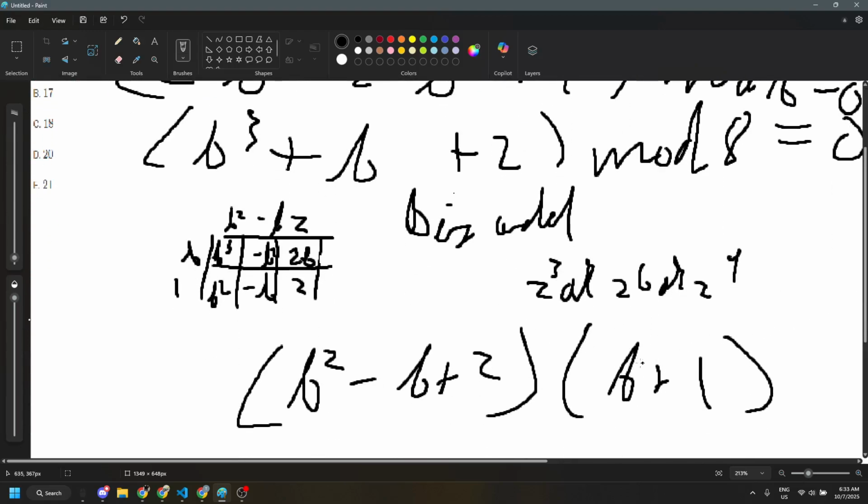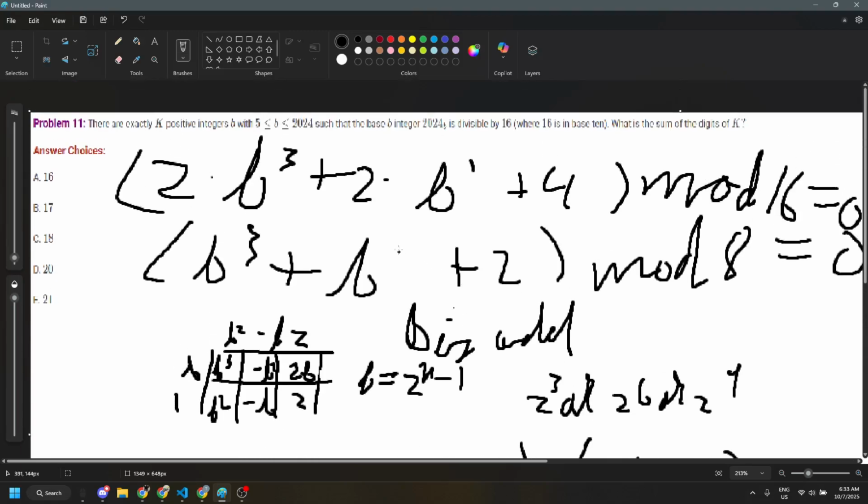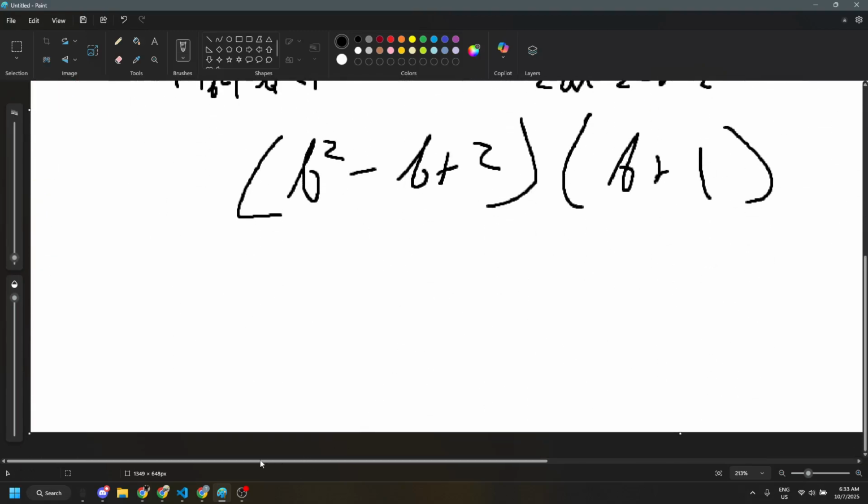Okay, let me try. This is going to be 1 less than a power of 2. B equals 2 to the n minus 1. So that gives us for b 7.